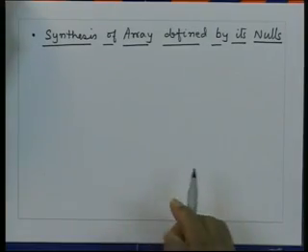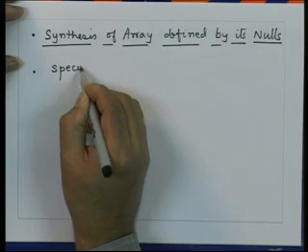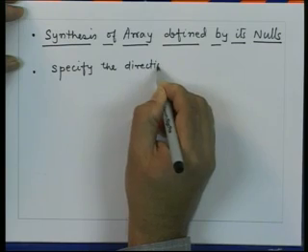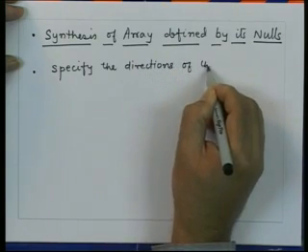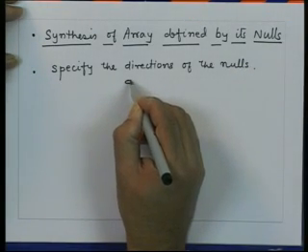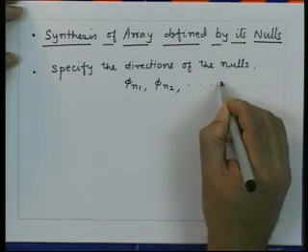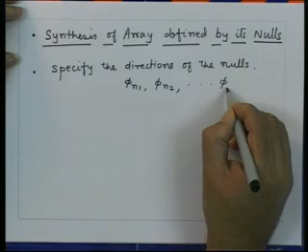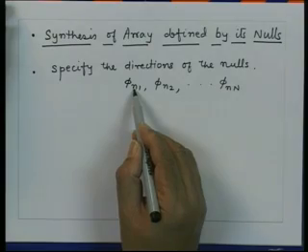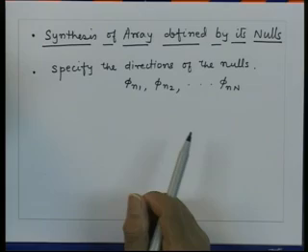So, now the steps involved will be as follows. First, specify the directions of the nulls. Let us say they are given by phi n 1, phi n 2 and so on up to phi n N, where small n represents the null and 1, 2, 3 up to capital N represent the number of nulls in the radiation pattern.